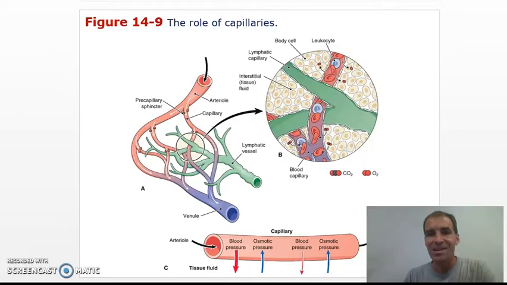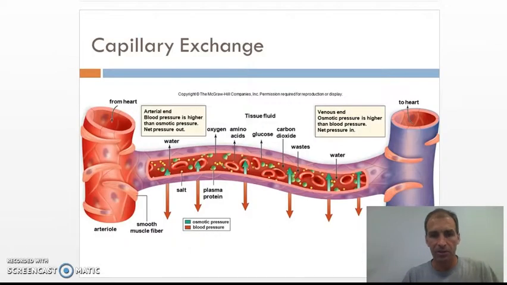Now, the way these operate, and probably a good picture is this picture here, is that when we go from this arterial side to this venous side, we are seeing movement of a lot of different things. A lot of the movement here is being caused by diffusion. In other words, this is simply the movement of compounds along their concentration gradient, the movement of gases along their concentration gradient, even the movement of water.